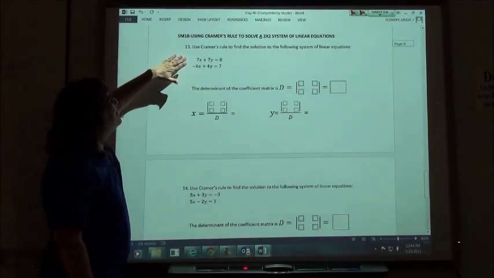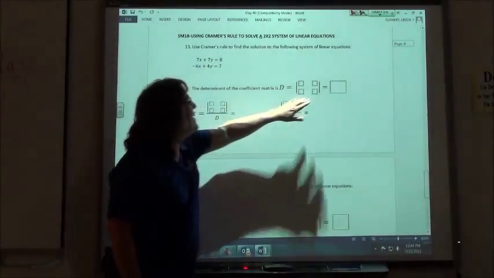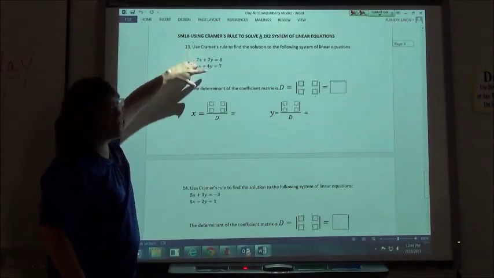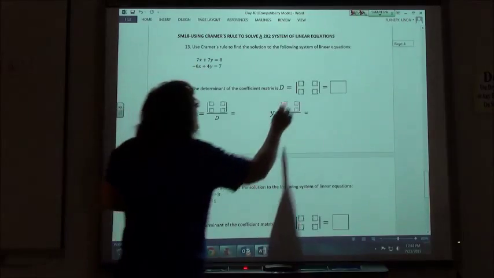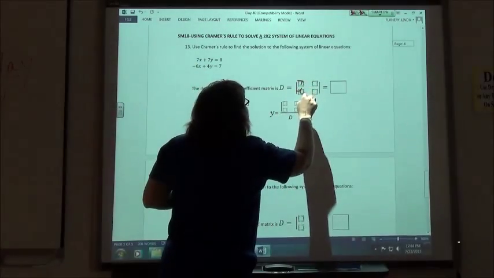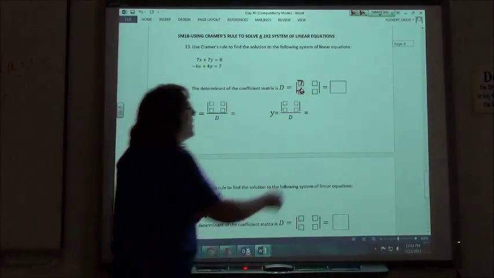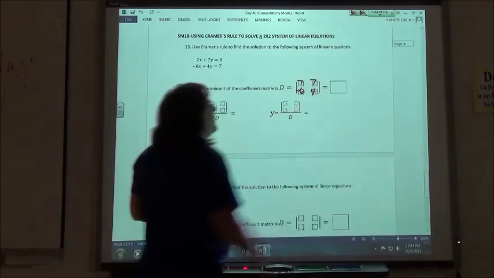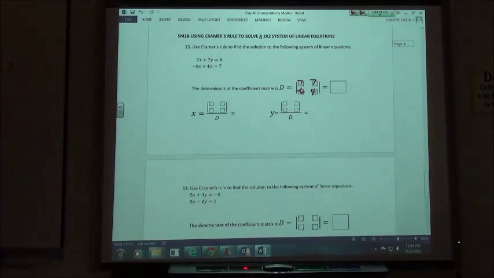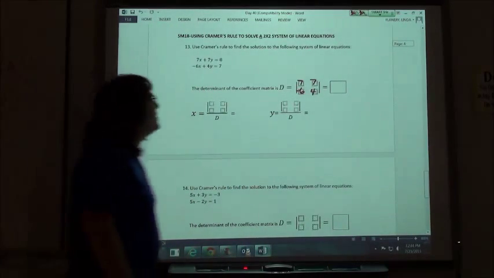On Cramer's Rule, what you're going to do is set up the determinant D by using the coefficients of your x's and your y's. So I'm going to have 7, negative 6 in my first column, 7 and 4 in my y column. I'm then going to find the value of that determinant like we found them on the previous problems.